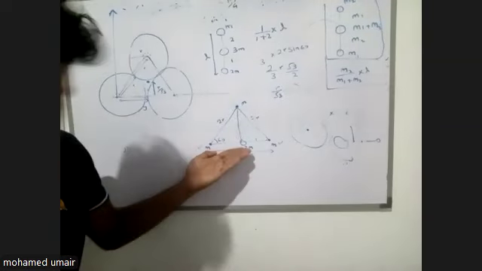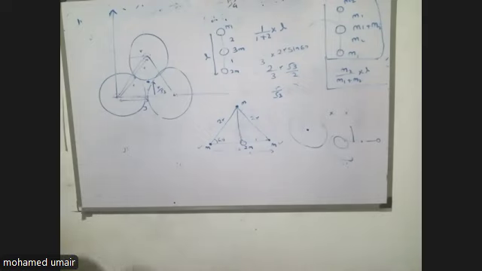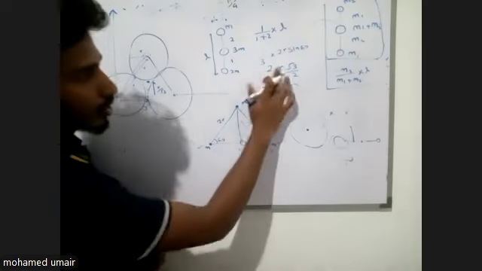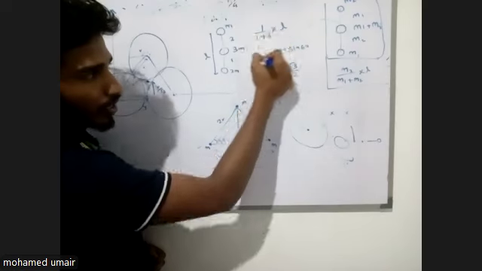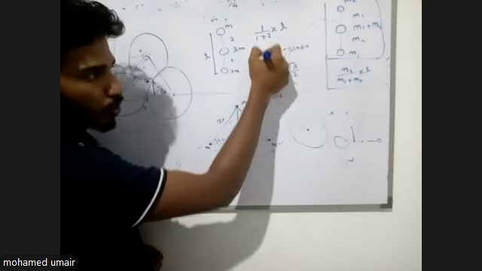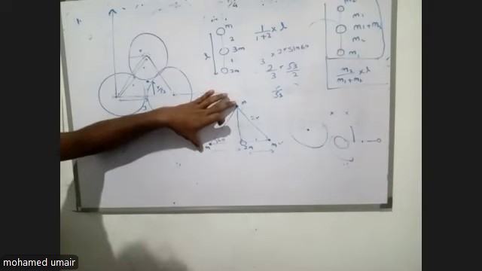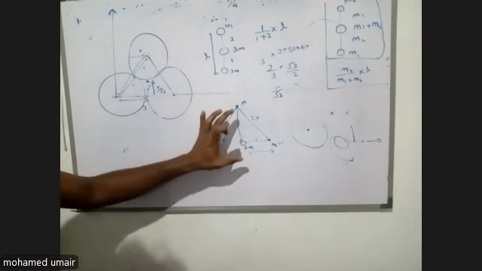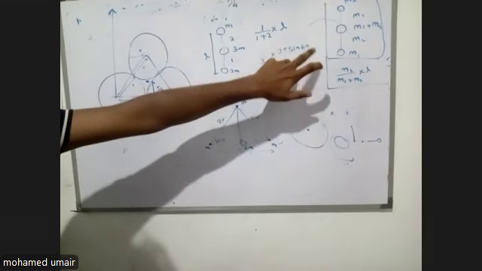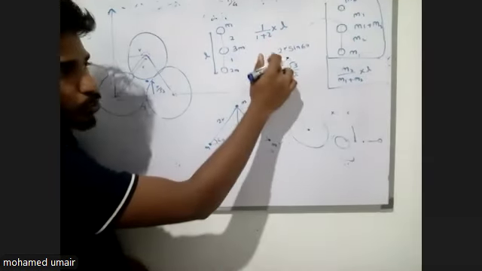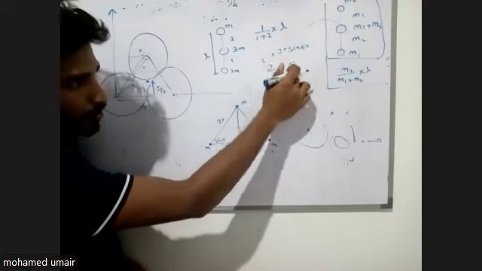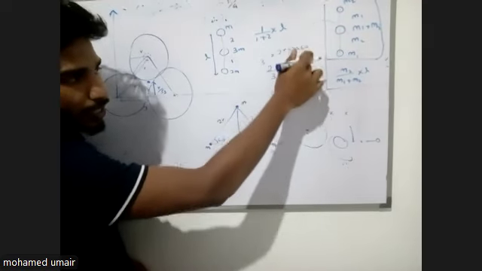What will be the x value? 2 by 3. Now see here, 1 over 3, it's fine, right? 1 over 1 plus 2 is 1 over 3. The side length is 2R. So 2R sine 60. It's here. So 1 into 2 is 2 over 3 times sine 60, which is root 3 over 2. Okay.